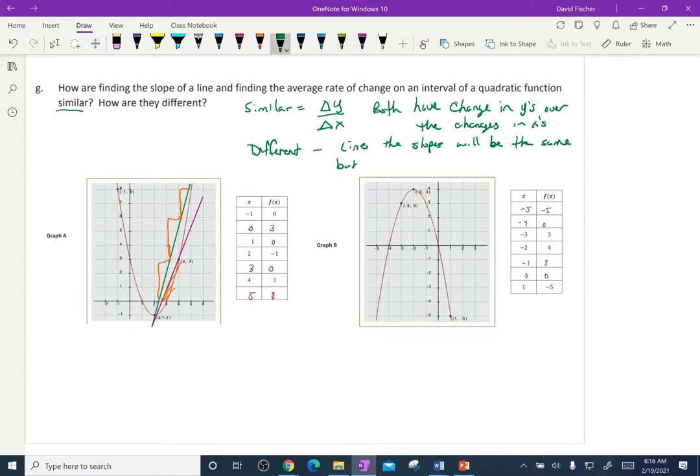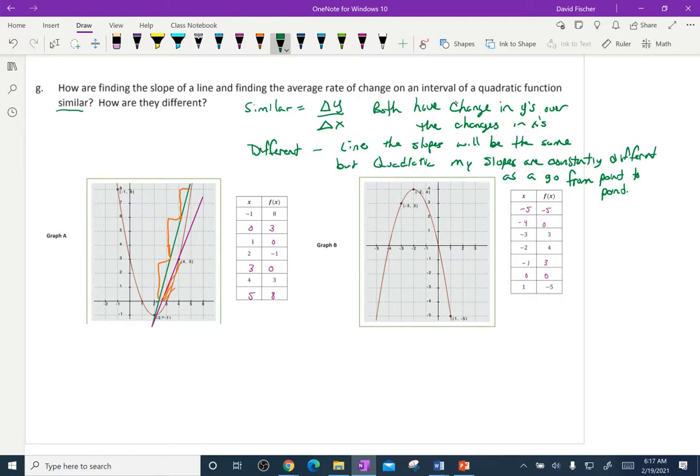But on a quadratic, my slopes are constantly different. As I go from point to point, I guess is the best thing I could do to describe it.